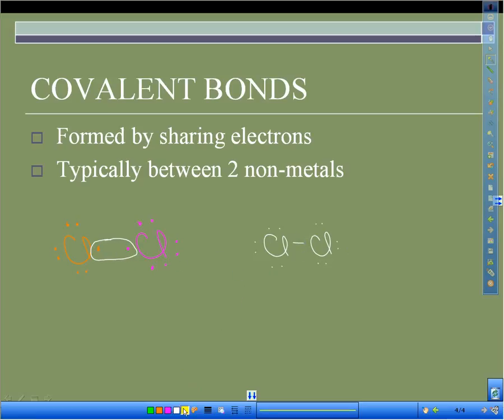So we now have two chlorines hooked up together, so this would be the formula for that compound. So again, covalent bonds are different. We're sharing. It's not like one's actually giving it away, one's actually taking it. They're sharing electrons, and that's going to be a covalent bond.